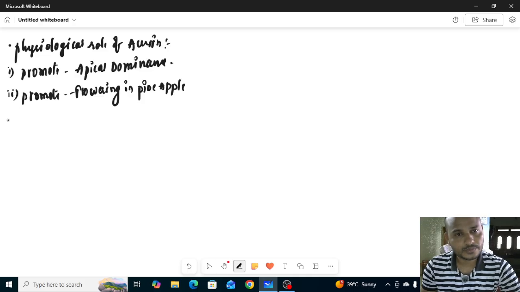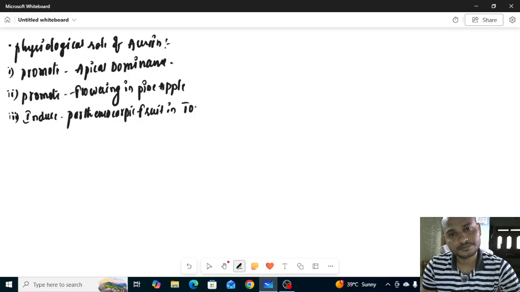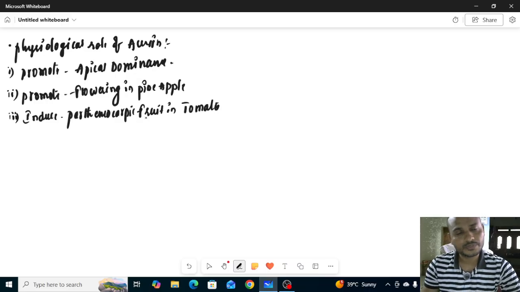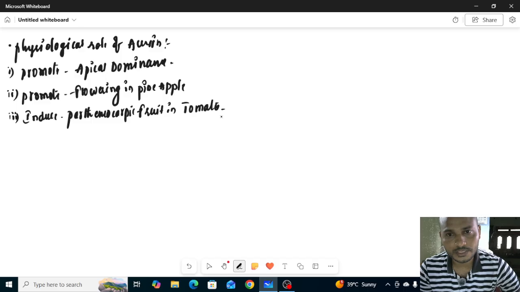Now coming to the third one, auxin induces parthenocarpic fruit in tomato. Here parthenocarpic fruit means formation of fruit without fertilization.